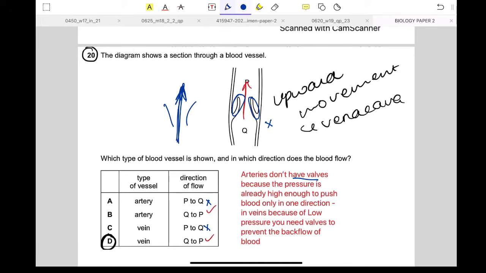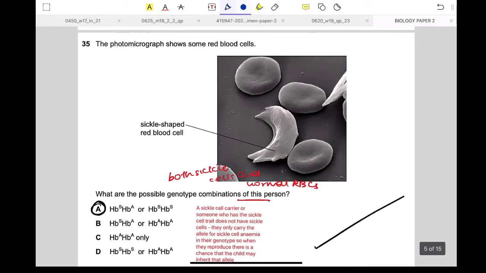Already the blood is flowing at such a high pressure that there is no need for valves to prevent the backflow of blood. It's such high pressure that the blood will move in one direction. But in a vein, the blood pressure is quite low, so you need a valve to prevent the backflow of blood, which is why this artery case is wrong. So the vein is the correct answer.